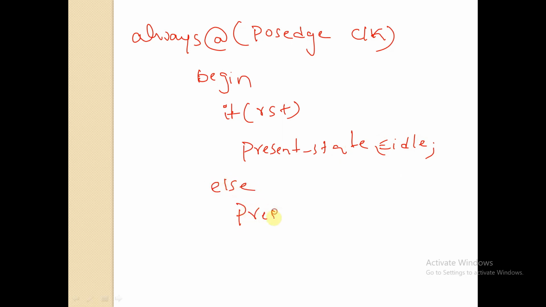Else present state will be equal to next state. So if reset is low, then next state will be assigned to present state at the passage of the clock. Is the present state logic clear? What are we going to do?